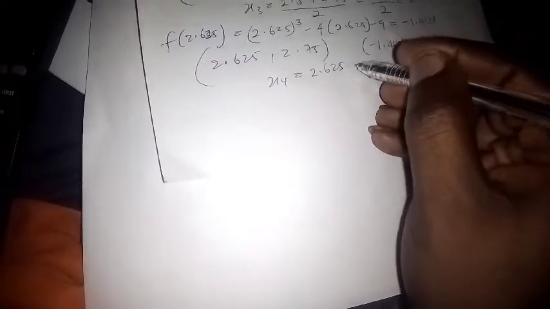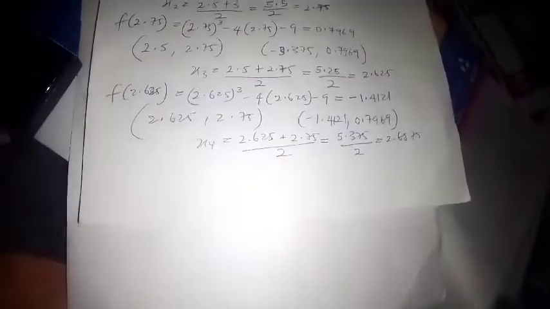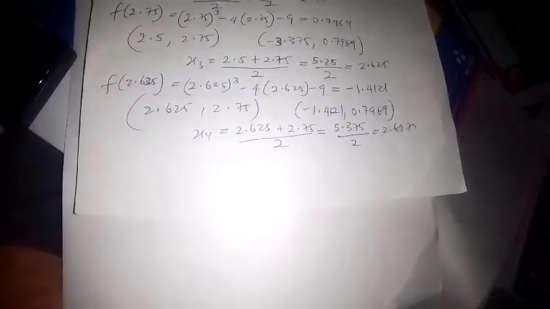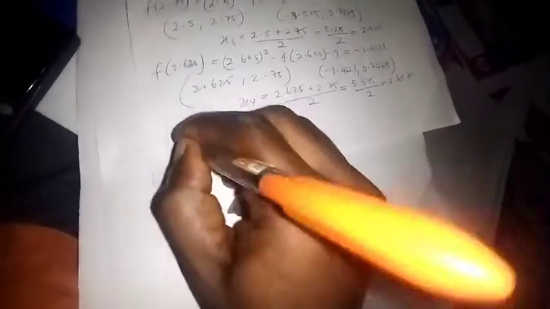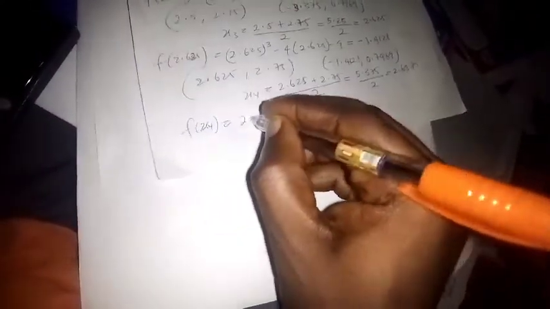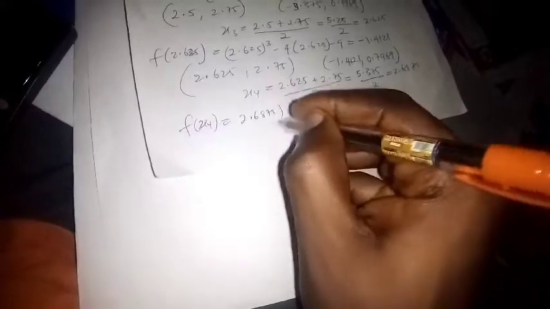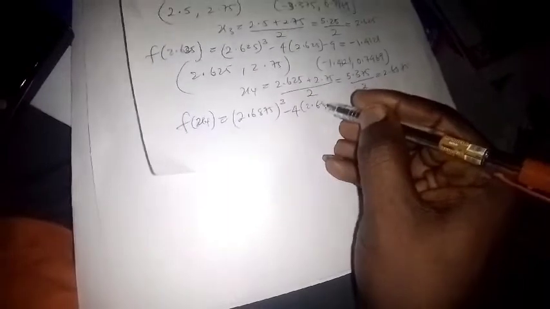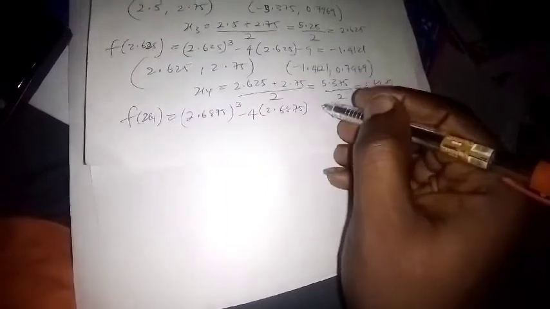Then let's continue. x4 will be equal to (2.625 + 2.75) divided by 2. Let's see the answer: 2.6875. We use that value to test: 2.6875 cubed minus 4 times 2.6875 minus 9.